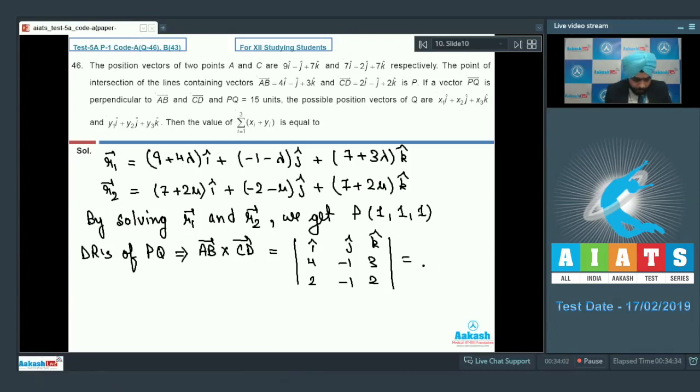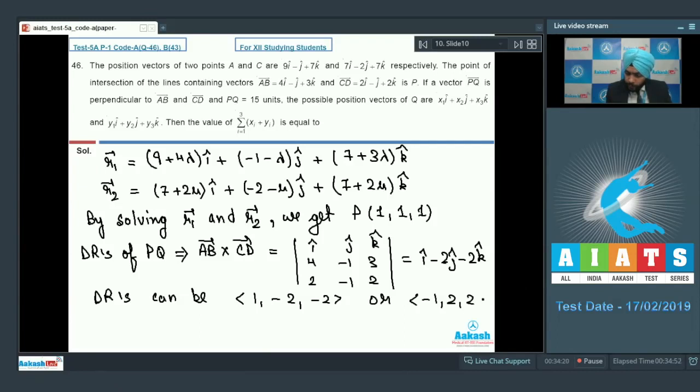We will have here i cap minus 2j cap minus 2k cap. So students, the DRs can be 1, minus 2, minus 2 or minus 1, 2, 2. You can see that if I take the magnitude of the DRs directly, it will be equal to 3. So I have to multiply them 5 times in order to get the coordinates of Q with respect to P.